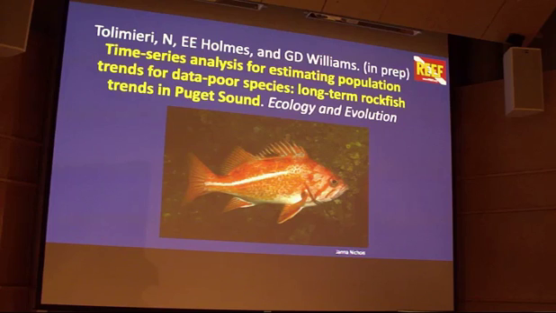And now, during the 5-year review, they got updated data from us. Also, this is not out yet, but I think it's in press now: a time series analysis for estimating population trends for data poor species, incorporating several different data sources, including reef data. So that's exciting. Not so exciting for the rockfish, but exciting for us to see the data used.